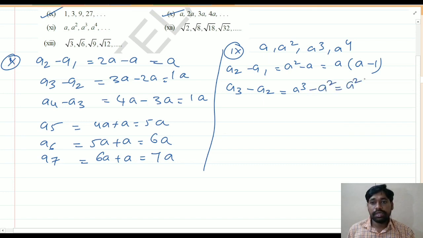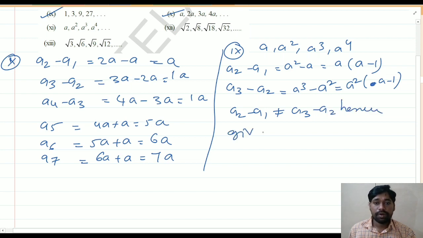You can take a square common, which gives a minus 1. So a2 minus a1 is not equal to a3 minus a2, hence the given list is not in AP. Okay, next.